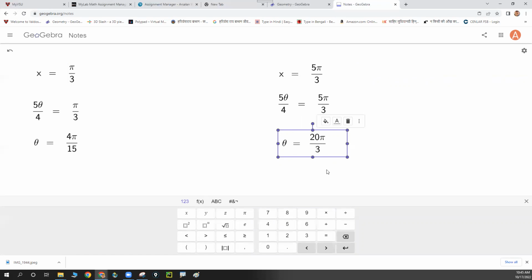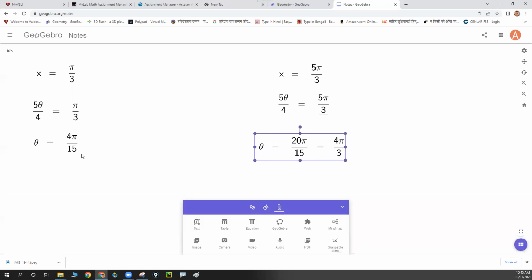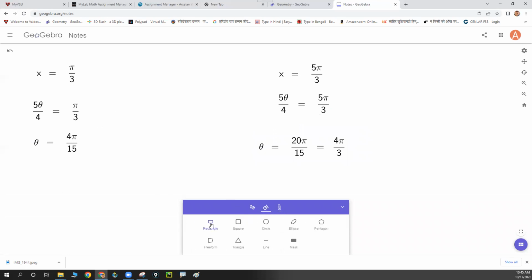And 5 times 3 is 15. Of course, I can do a little more cancellation. Divide 20 by 5. You're going to get 4. And divide 15 by 5. You're going to get 3. These are your two answers. Okay? These are your two answers. I hope that makes sense. And they should be in the right range.